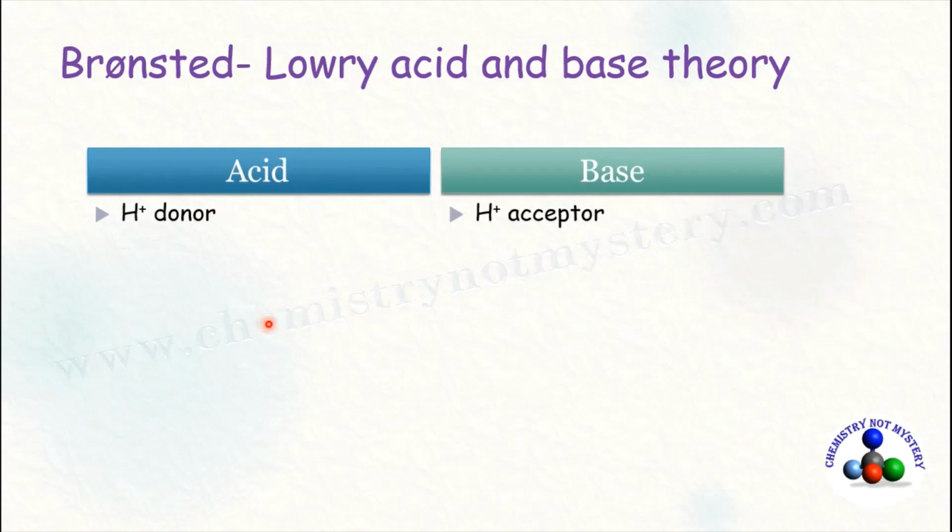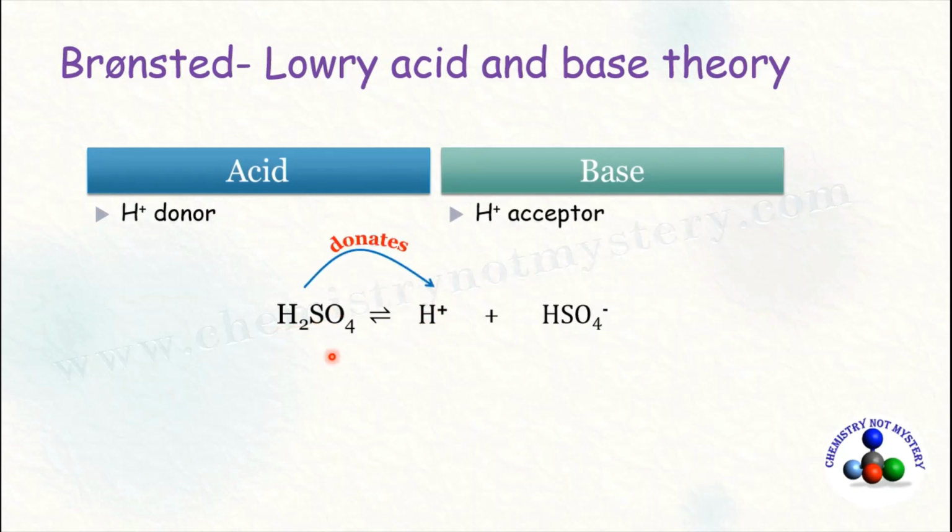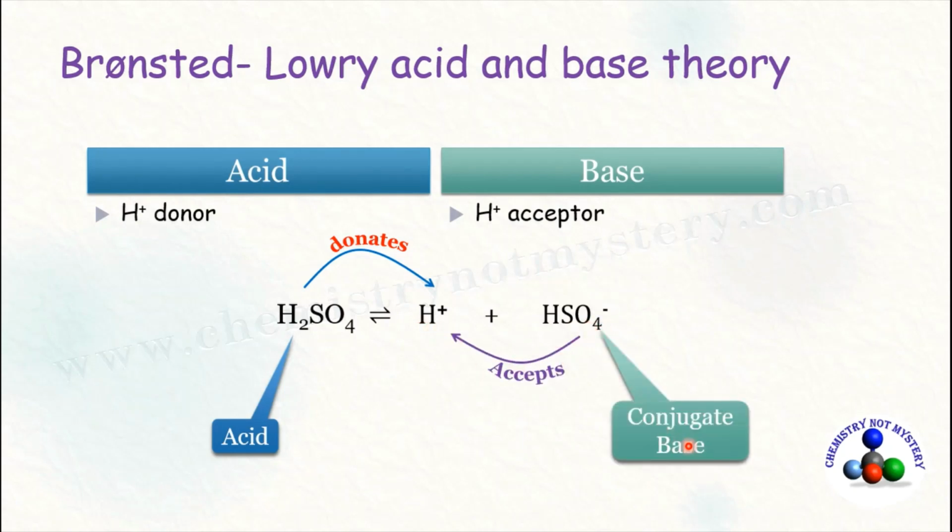Let's study another example. Here H2SO4, when it dissociates, gives H plus ion and HSO4 negative ion. As H2SO4 donates H plus, H2SO4 will be an acid, and HSO4 negative, as it accepts H plus, will become the conjugate base of H2SO4.